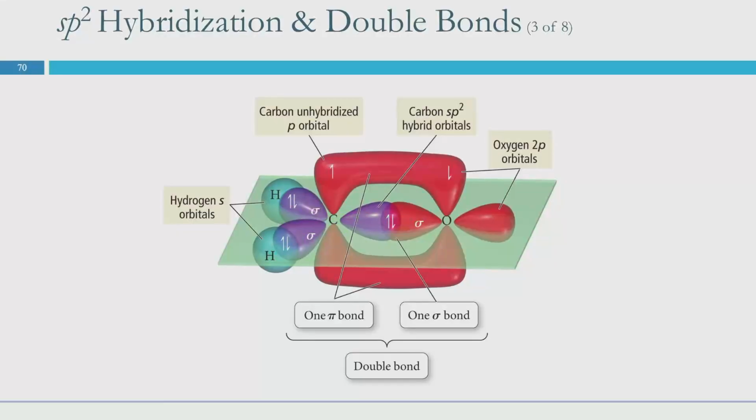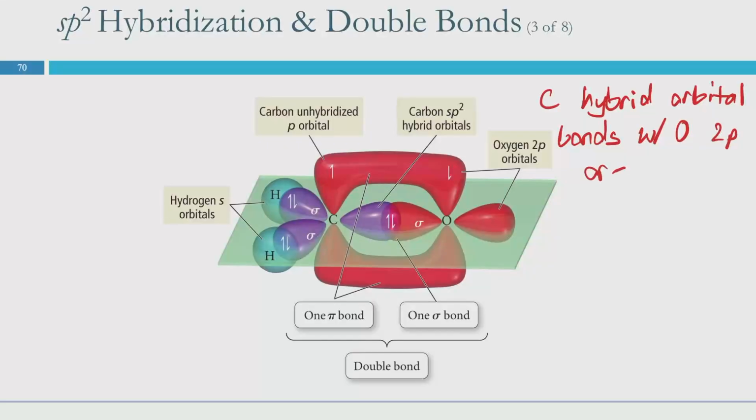We've also got one of those bonding with the oxygen. So our carbon hybrid orbital bonds with oxygen 2p orbital. That's this bond in the middle.